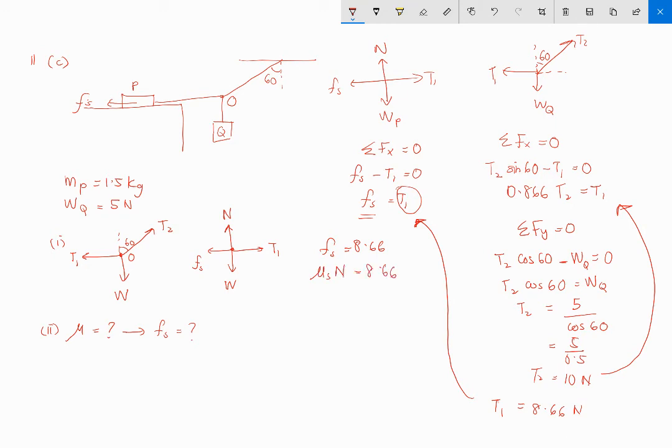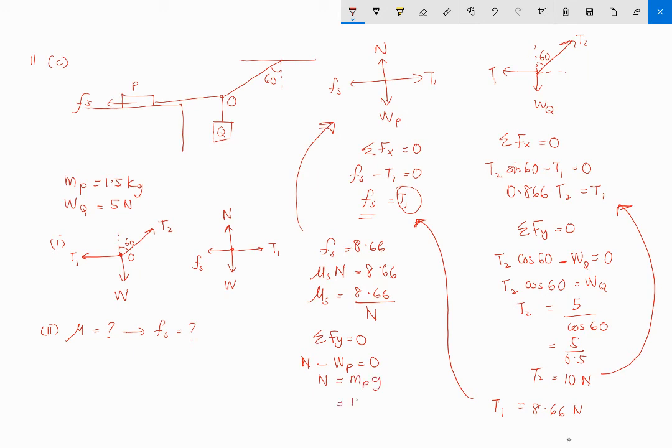Okay, so another problem over here, nak cari nilai mu S, kita kena tahu nilai normal. Okay, so nilai normal dekat sini, yang ni kena tengok balik free body diagram sini lah. Okay, so kita buat pula summation of Fy equals to 0. So now we have N minus WP equals to 0. So N adalah sama juga dengan MPG lah.